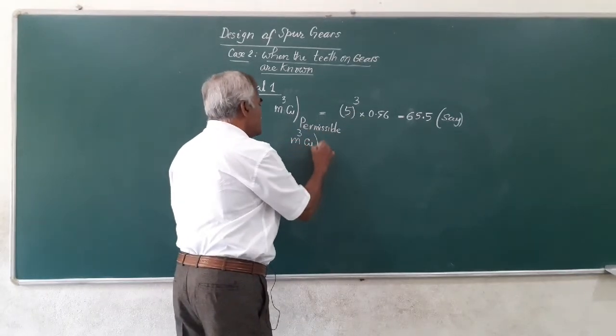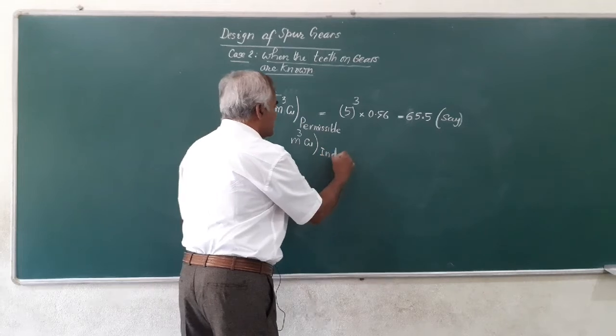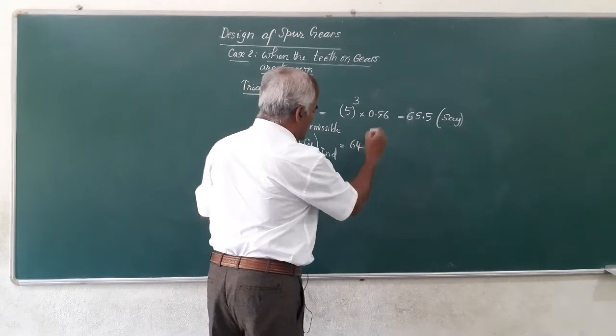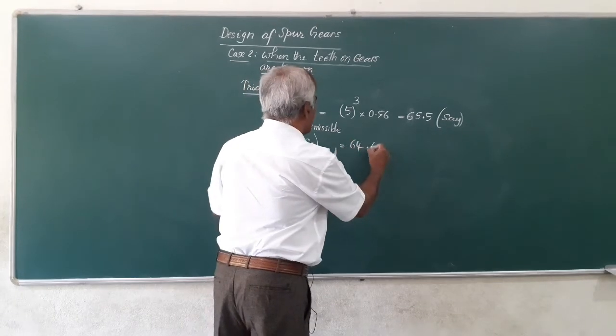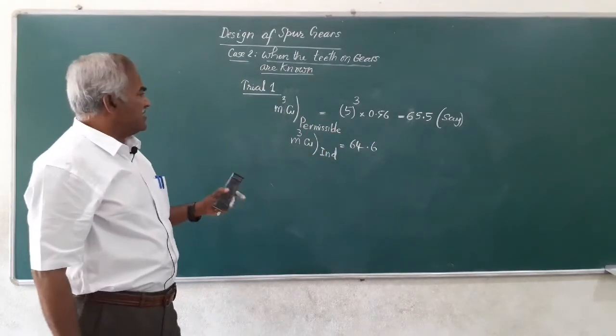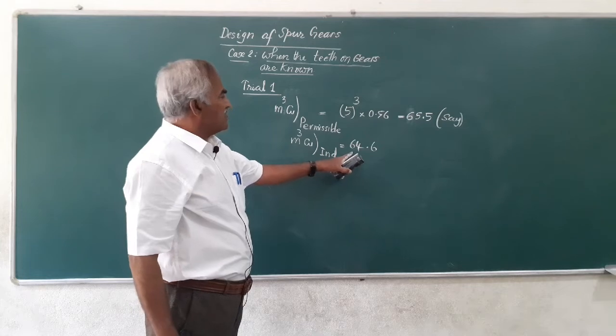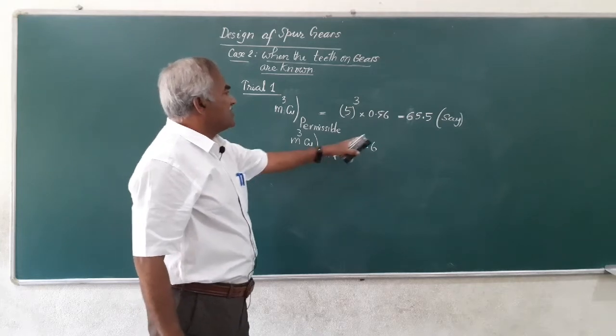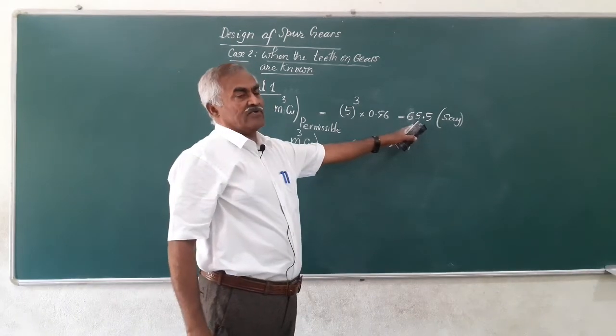m cube Cv induced we have taken as 64.3. So friends, if you just compare these two, you find the induced value is 64.3, the permissible value is 65.5.